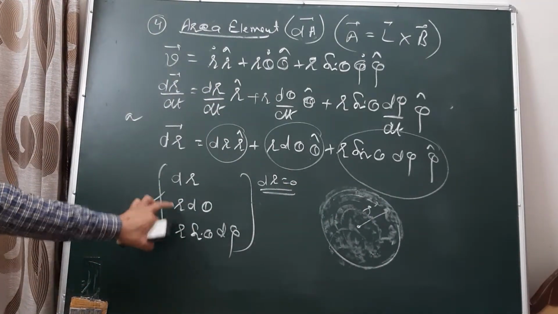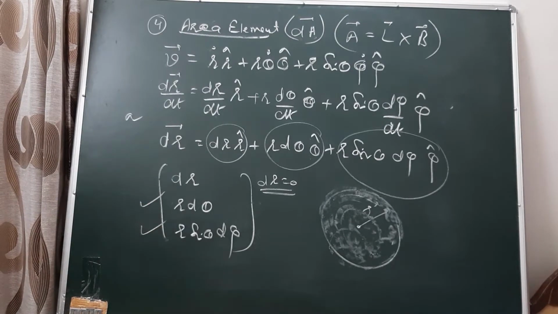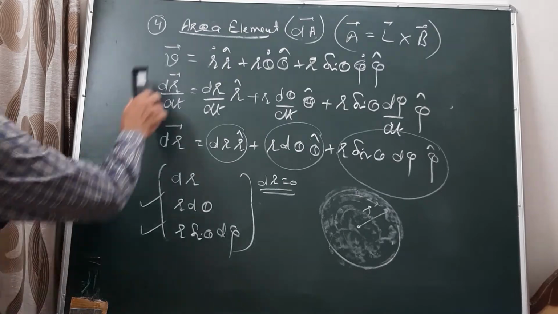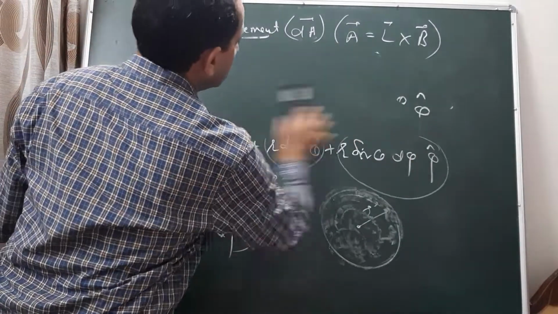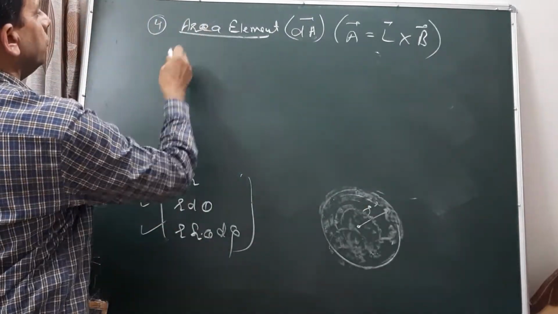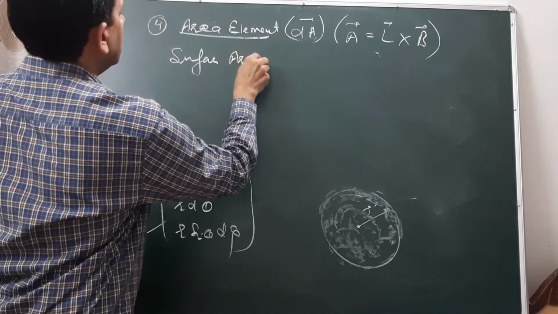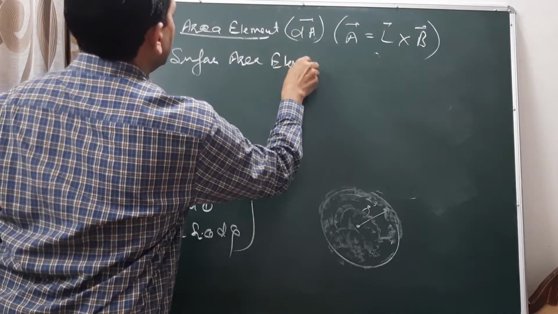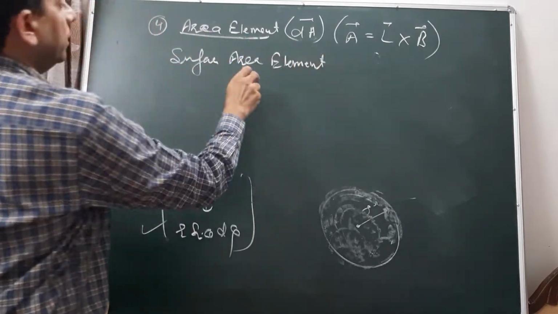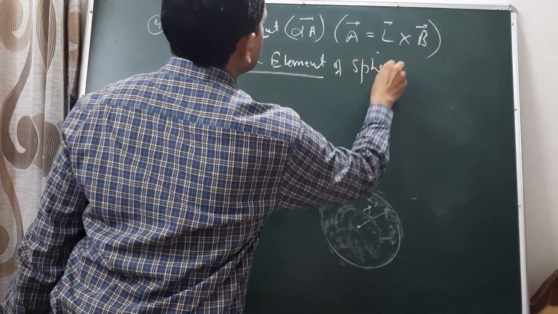So I will use these two elements for calculation of surface area of sphere. So area element means surface area element. Actually its name is surface area element of sphere.